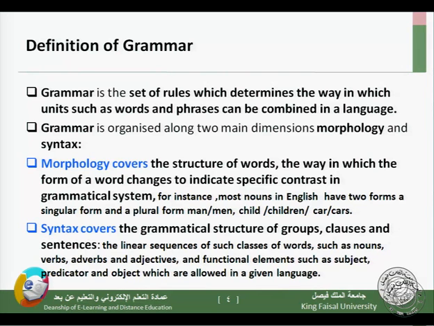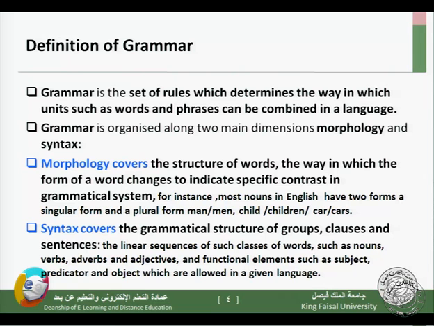Are they adverbs? Are they adjectives? So syntax looks at them in a linear way. They look at subject, predicate, and object, or subject, verb, object, or subject, complement, and so on. So syntax covers all these aspects.